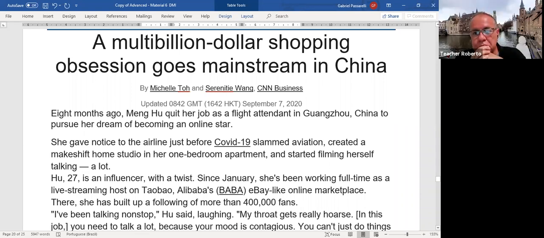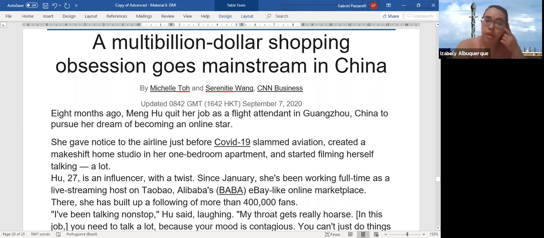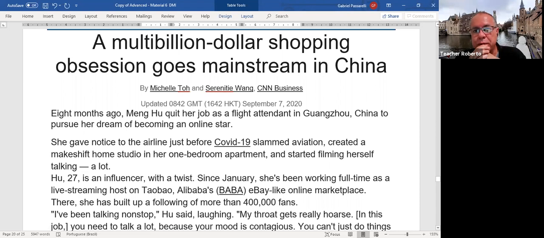I have one question, but not about vocabulary. Why do they classify the apartment as just one bedroom? Well, because that is how big her apartment is. That's how you talk about it. When I was looking for a place to live in Italy, I didn't want a big apartment. I needed a one-bedroom apartment.